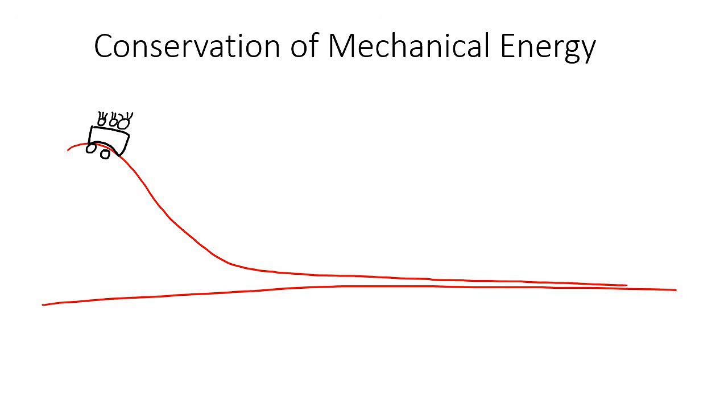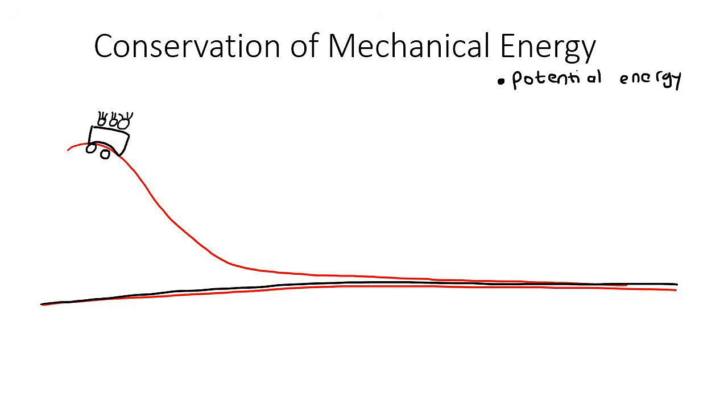We have two types of energy that we're going to look at in grade 10. Number one is going to be potential energy. Potential energy is the energy that the object has if it has height above some type of reference point. So let's say the ground is our reference point. Then can you see that there's a height over here?